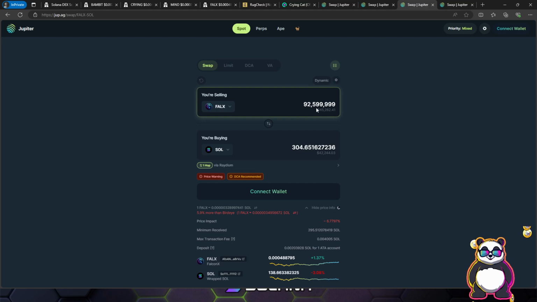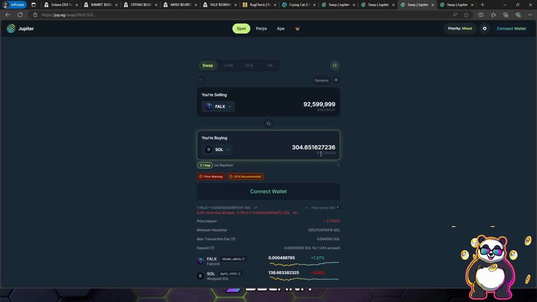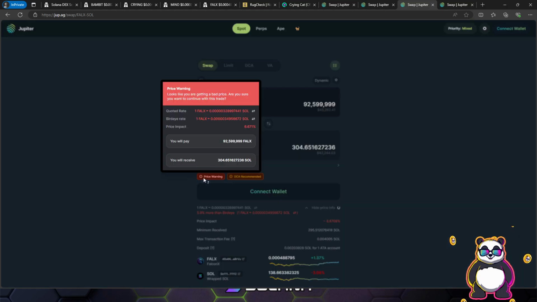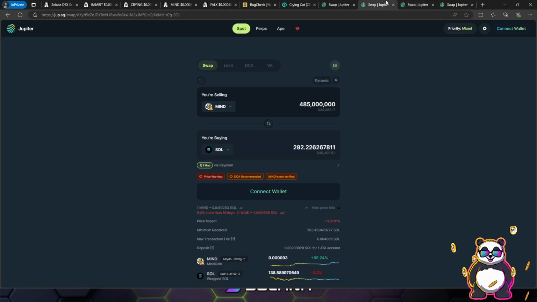So if I would sell 45k worth of tokens, I would get now not 40k like in this one, I would get 42k. So I'd only lose 3k by selling almost 1% of supply, which is a lot. And price impact is only going to be 6%. So you see how it's different.